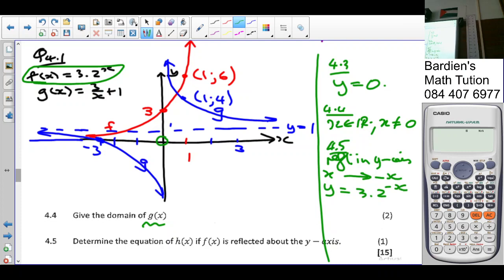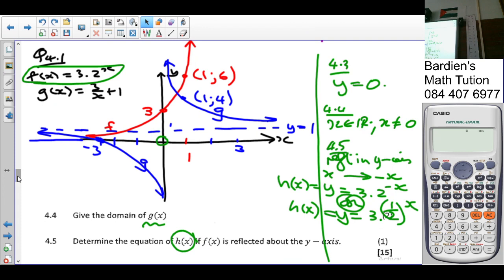Since it's the equation of h of x, h of x is equal to 3 times 2 to the minus x. Another way you could have written this is h of x is equal to 3 times half raised to the x. That's the equivalent answer. Any confusion there, people?